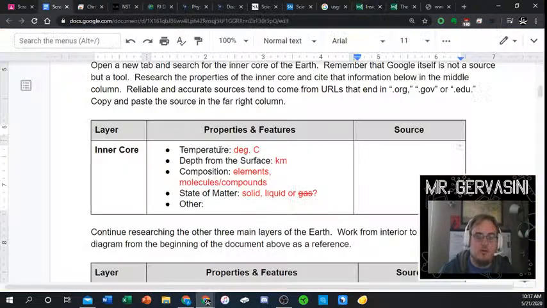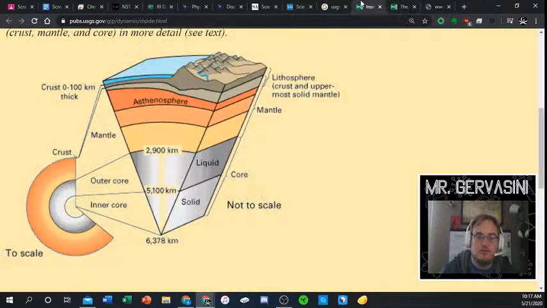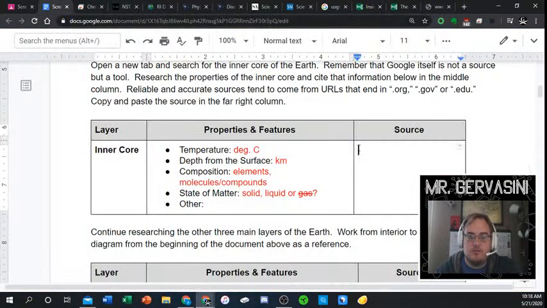So I can provide the depth. Oh, it's not working. So automatically I can already cite this source.